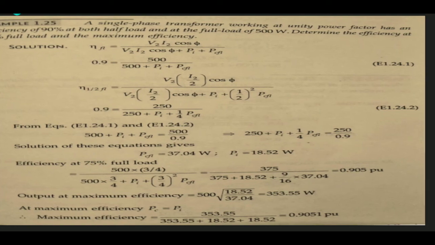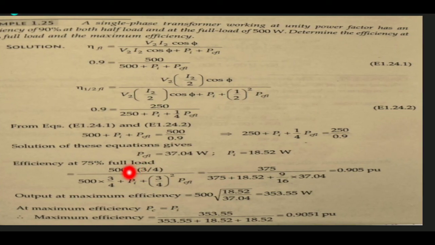So at 75% full load, that means 500, the output power, into 3 by 4, by 500 into 3 by 4 plus Pi plus 3 by 4 square PCFL, that is I square R, equals 375 by 375 plus 18.52 plus 9 by 16 into 37.04, that equals 0.905 per unit efficiency at 75%.